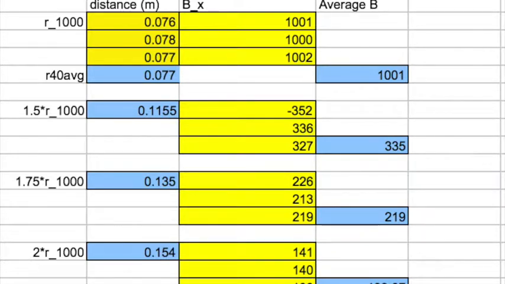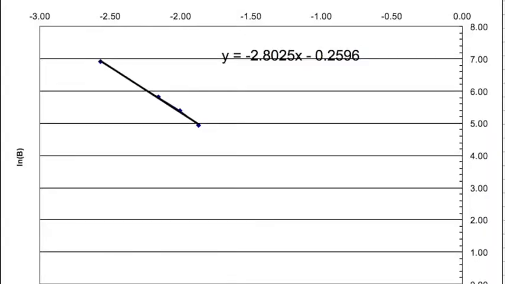From our observations, we can conclude that when the magnetometer is far away from the magnet, it measures a near-zero magnetic field in the X direction, and that as the magnetometer moves closer to the magnet, the measured X component increases. Assume the magnitude of the magnetic field due to the bar magnet is proportional to a constant multiplied by the distance raised to a power, written as k times r raised to the n.